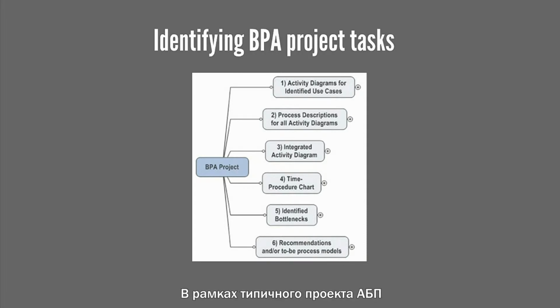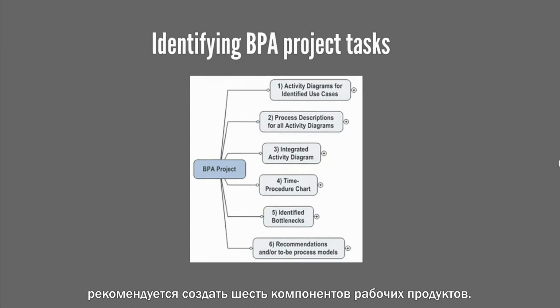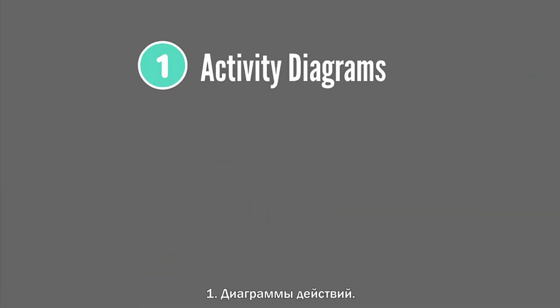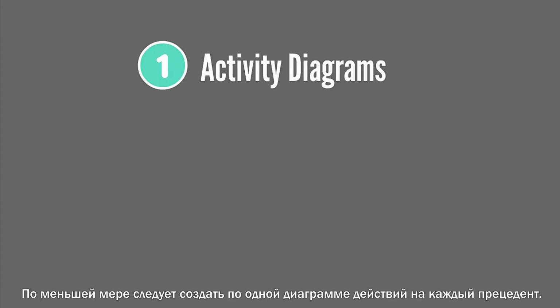In a typical BPA project, 6 sets of deliverables or work products are recommended to be developed. The first set is the set of activity diagrams. At least one activity diagram must be created for each use case or each main business process.